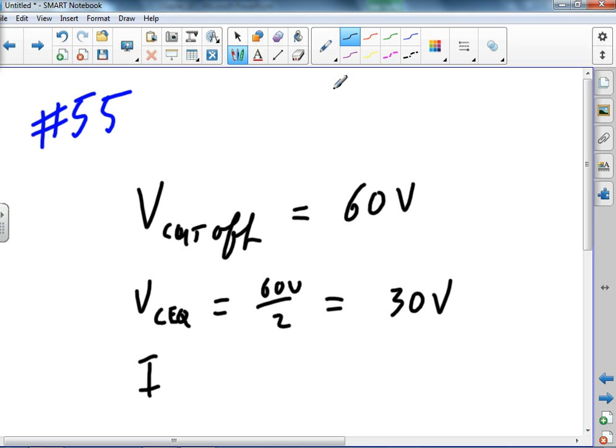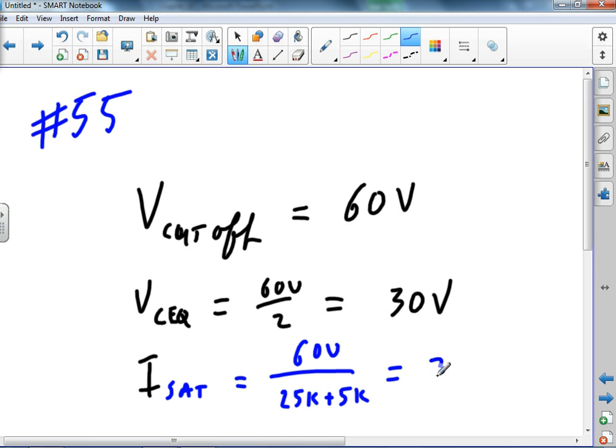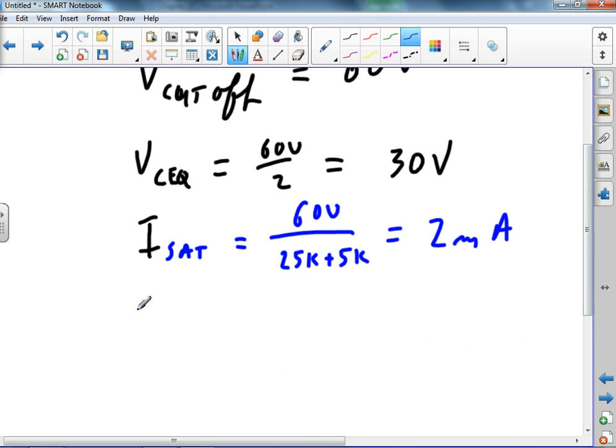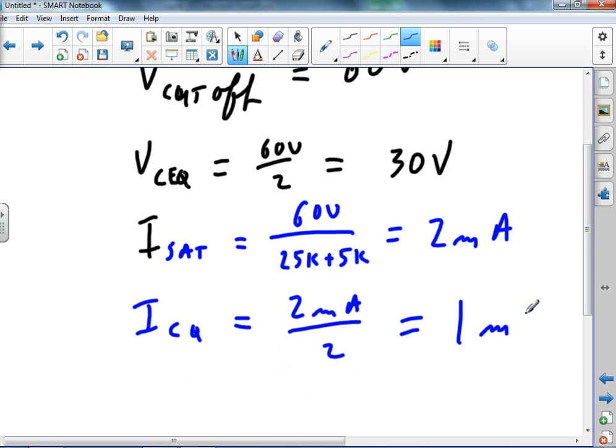The current at saturation is going to be the 60 volts divided by 25K plus 5K, which is 30K, which makes this 2 milliamps. The current at the collector at the Q point, 2 milliamps divided by 2, 1 milliamp.